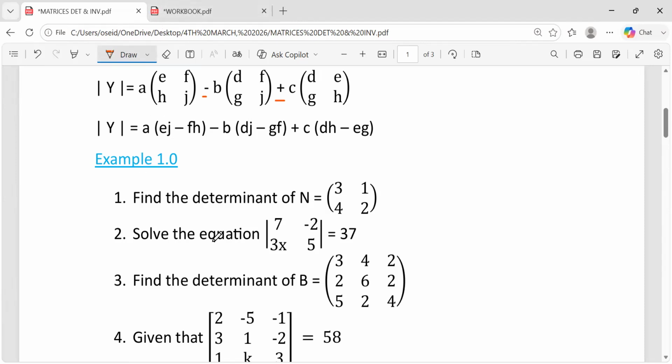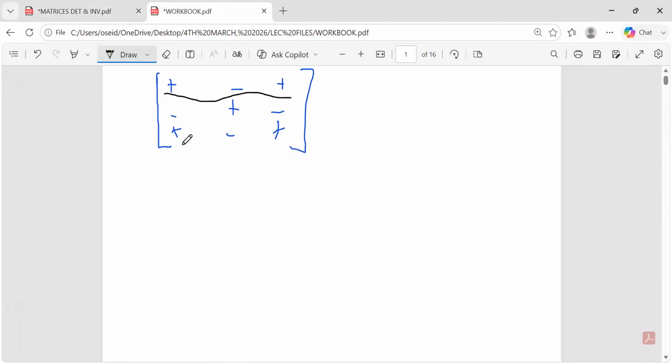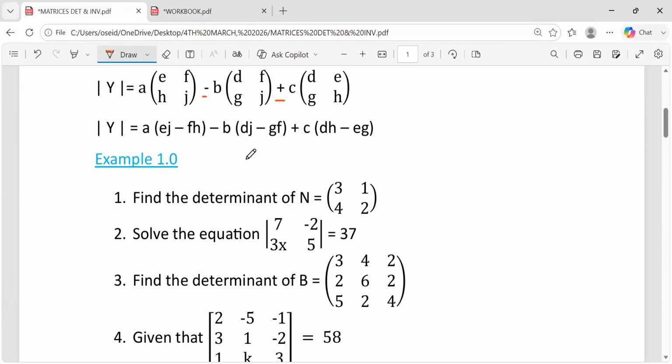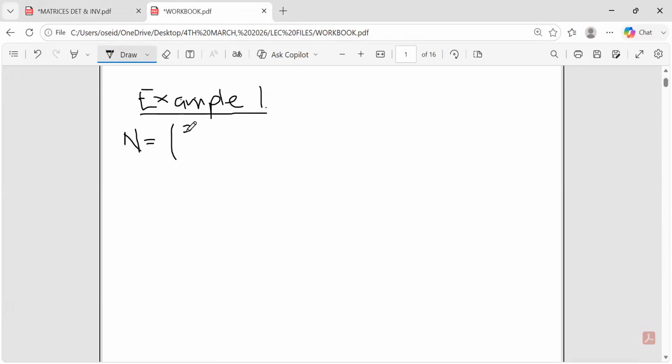The first example says we should find the determinant of N. Example 1. N equals 3, 1, 4, 2.